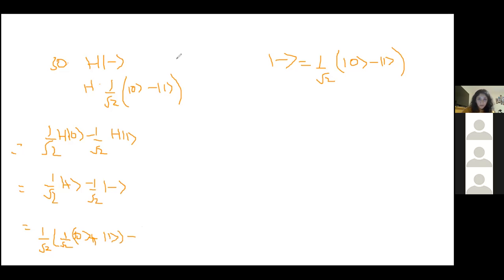Okay, I hope that's legible. Minus, again, we have 0, and then plus 1. So that's what we have now.